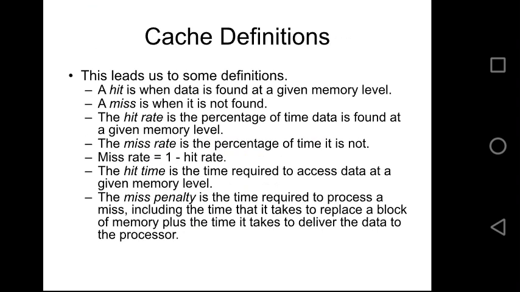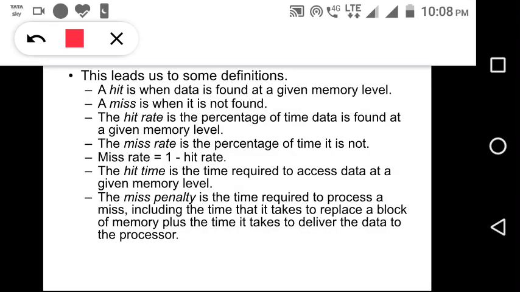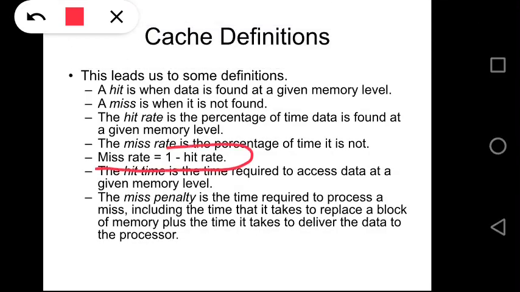The miss rate is the percentage of the time it is not available in the cache. So the relation is: miss rate equals 1 minus hit rate, or hit rate equals 1 minus miss rate. The hit time is the time required to access that data.